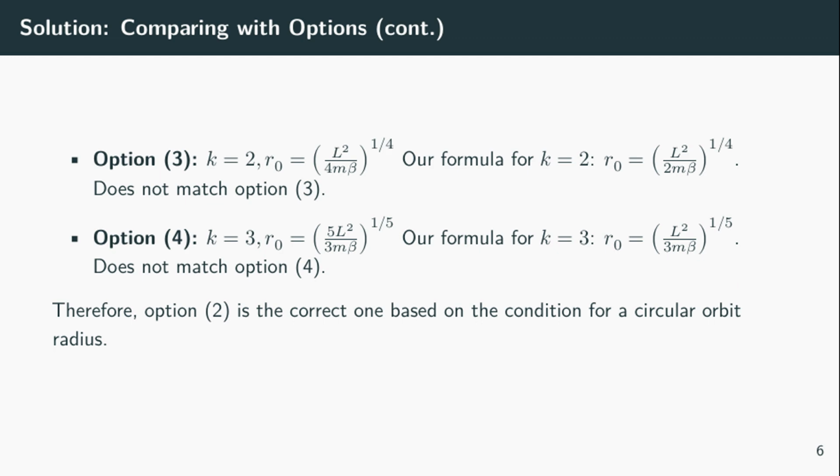Our formula for k equals 3 gave r0 equals the quantity L squared over 3m beta, all to the power of 1/5. This does not match option 4. The numerator inside is different, L squared versus 5L squared. Based purely on finding the radius of the circular orbit by setting the effective force to 0, option 2 is the only one that matches our derived formula for the specified value of k.